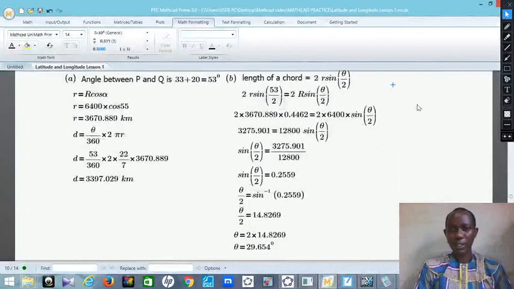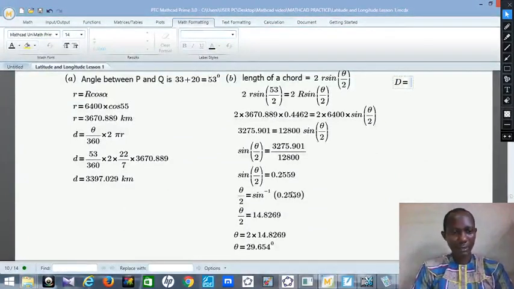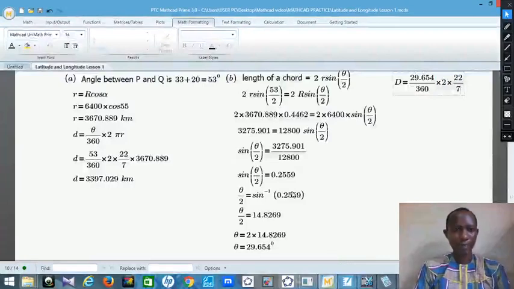Capital D will now be equal to theta, which we have calculated, 29.654 divided by 360, times 2 times 22 over 7, that is the pi that is given, times the radius, which is 6400.